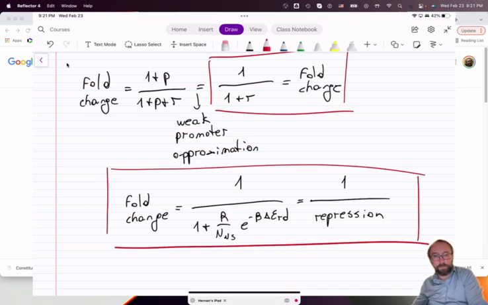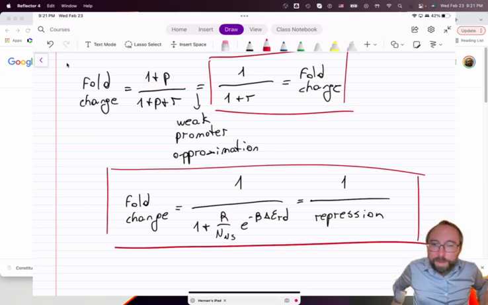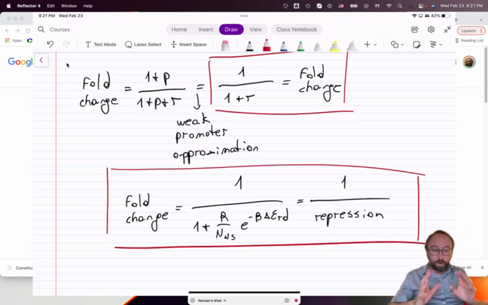Okay. All right. So why am I excited about this? Because once again, I showed you that this fold change is a quantity you can calculate and you can measure, and we managed to simplify it into a very compact model with only two free parameters: the number of repressors and the binding energy of the repressor to the DNA.